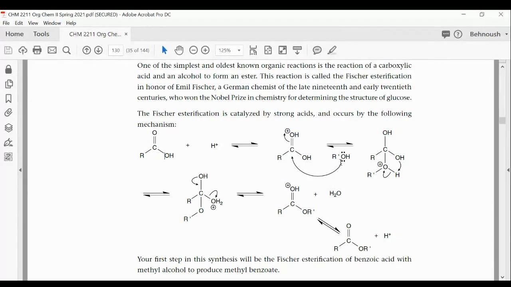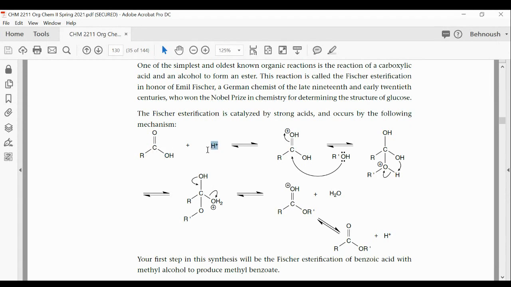But since your nucleophile is weak, and your electrophilic carbon is supported by the benzene ring, which is a very good electron donor group, it can support this carbon and reduce its reactivity. So the carbonyl group from the benzoic acid is not very reactive either.